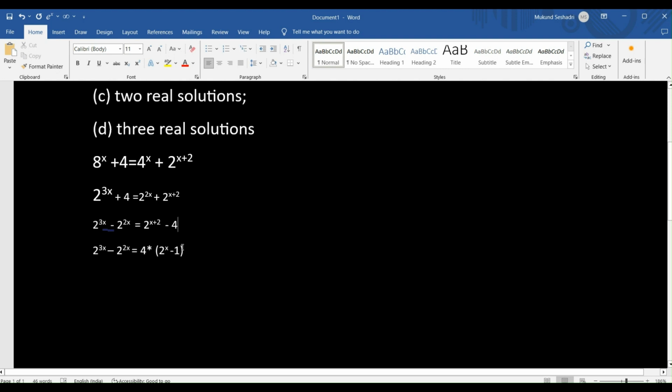So basically what I've done is 2 to the power x plus 2 is 2 to the power x into 2 square. I have pulled out 2 square, which becomes a common factor for this expression, right?